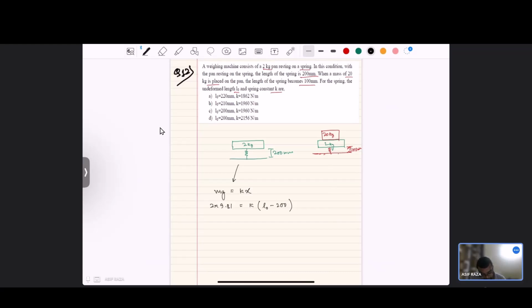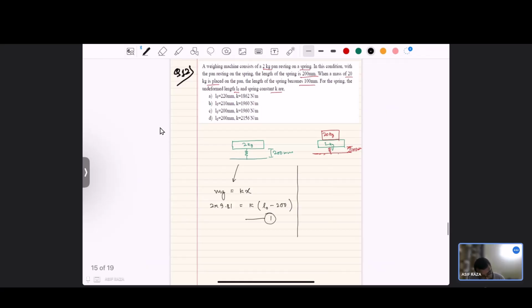Okay, L0 minus 200. I'm trying to use K as Newton per mm, so that it balances out on both sides. Okay, so this would be the first equation.